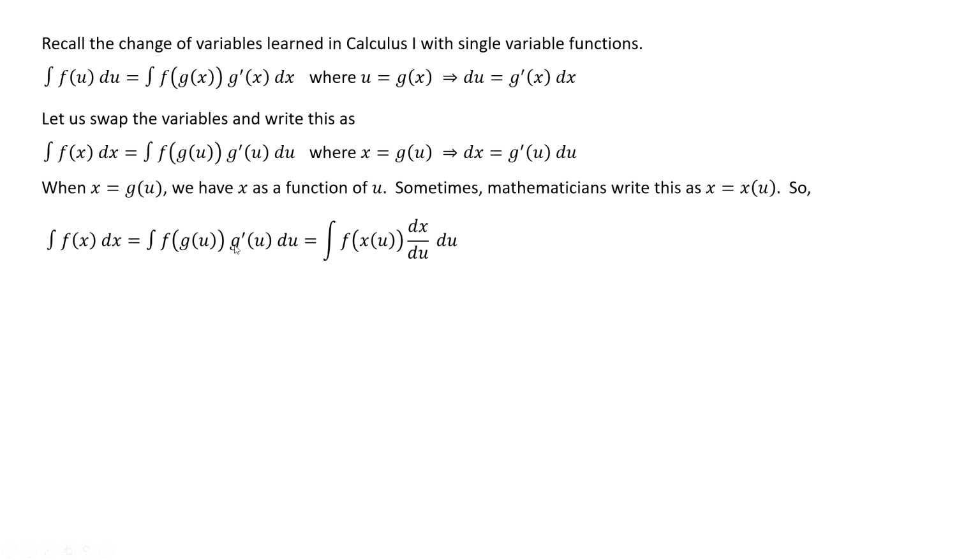For g prime of u, on the other hand, we'll say dx du, the derivative of x with respect to u, and I have this du here. So this is what I wanted to get to, so that I can relate this to the multivariable thing. So the integral of f of x dx is nothing but the integral of f of x of u dx du times du. Okay, look at this form and try to remember this form.